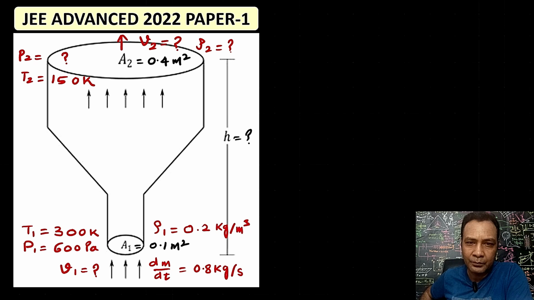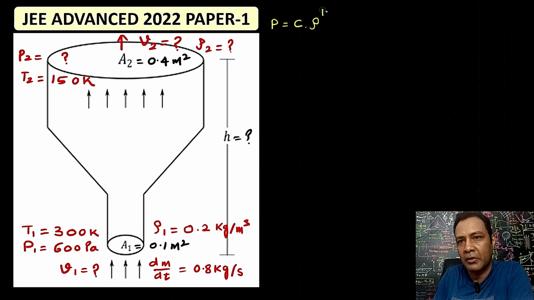So the gas that is flowing through this chimney is following the adiabatic process. And for the polytropic process, for the open system, P is equal to C rho power k, where k is the polytropic exponent. And if the process is adiabatic, the polytropic exponent becomes gamma, the adiabatic constant, Cp by Cv.